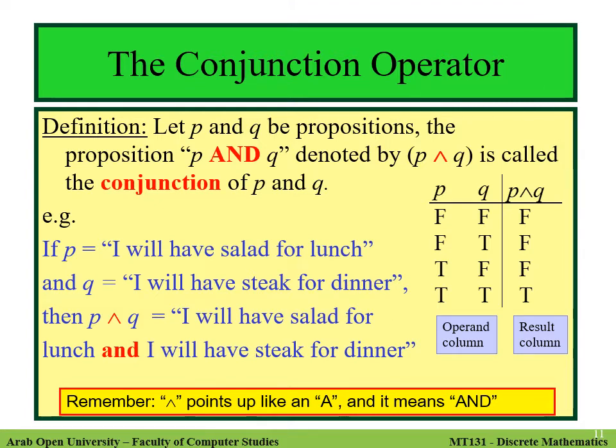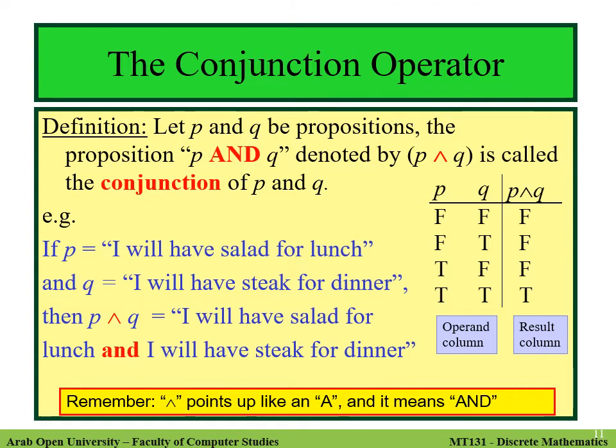Now you are working with a binary operator, so you are starting with two propositions, P and Q, and you want the truth values for P and Q. Now you have more possibilities. Of course, each proposition is either true or false, but we are looking at the truth values for the two propositions together.